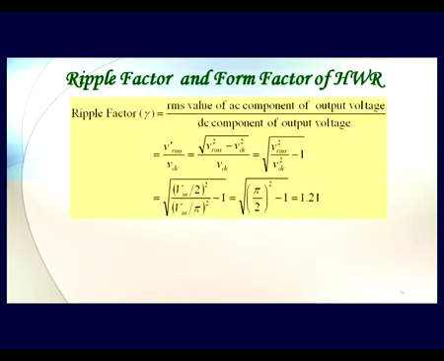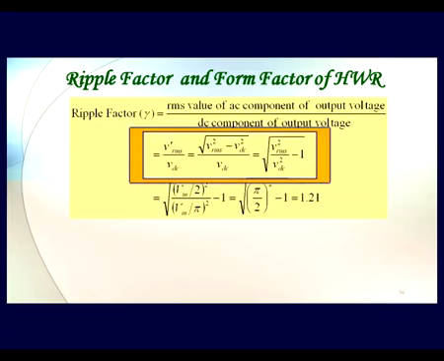Why we have found out all these components is essentially to see how the performance of our rectifier circuit is. And the important parameter that characterizes our rectifier circuit is the ripple factor indicated by gamma. It is nothing but the RMS value of the AC component of the output voltage upon the DC component of the output voltage, that is V prime RMS upon VDC.